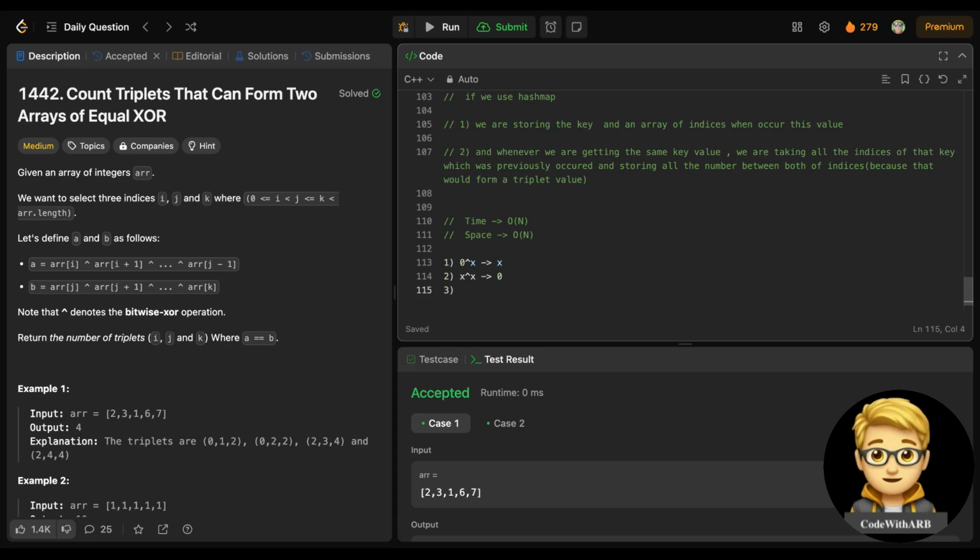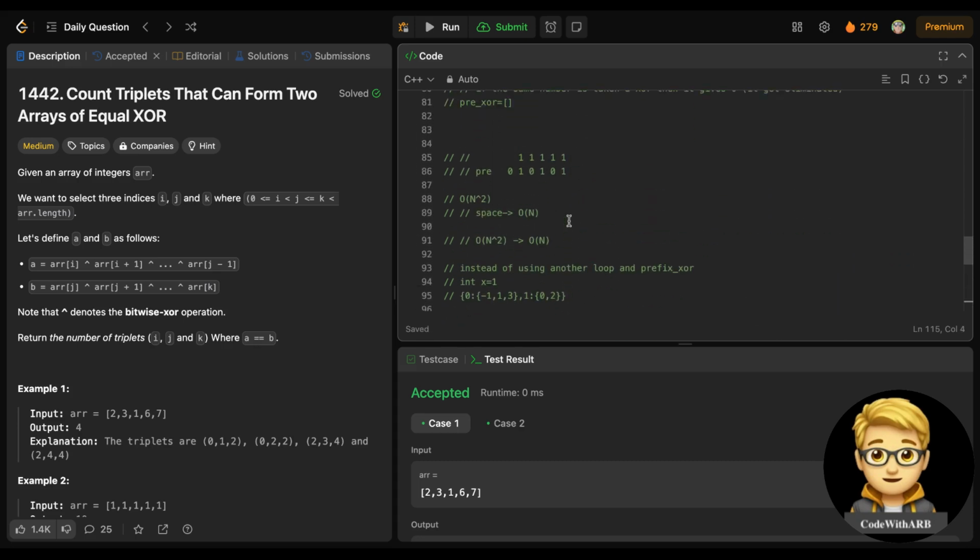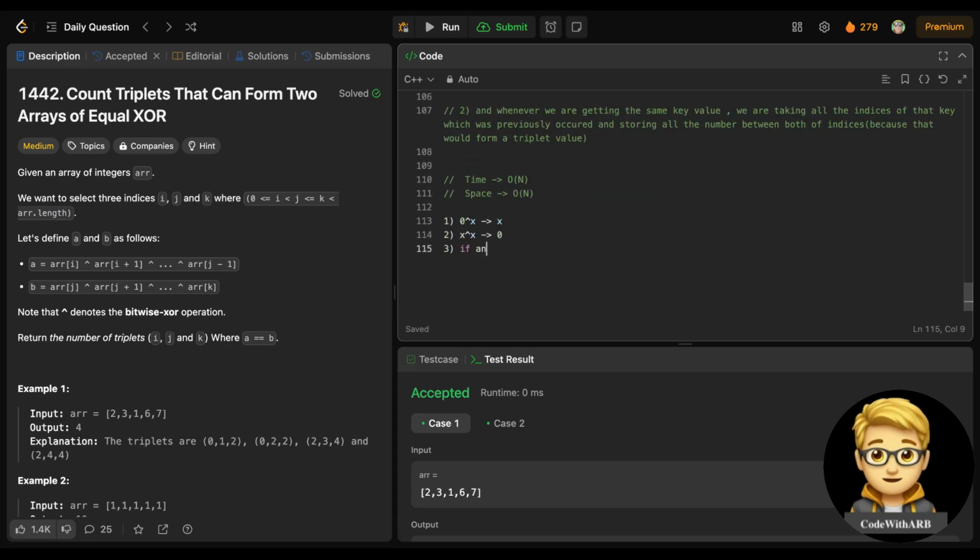The third property is, if the same number is occurring again, it means that between those two indices, the XOR of all the numbers is definitely zero, right?